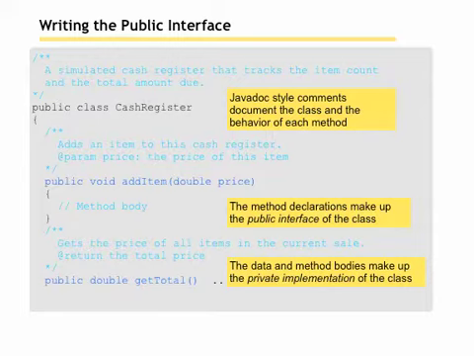So the @param is a Javadoc keyword that says this is a parameter. And then we put the name of the parameter, in this case price, and then a description of what that parameter is for, followed by the close comment mark, */. Public void addItem(double price), so we accept a double value that we're going to add to our current cash register.